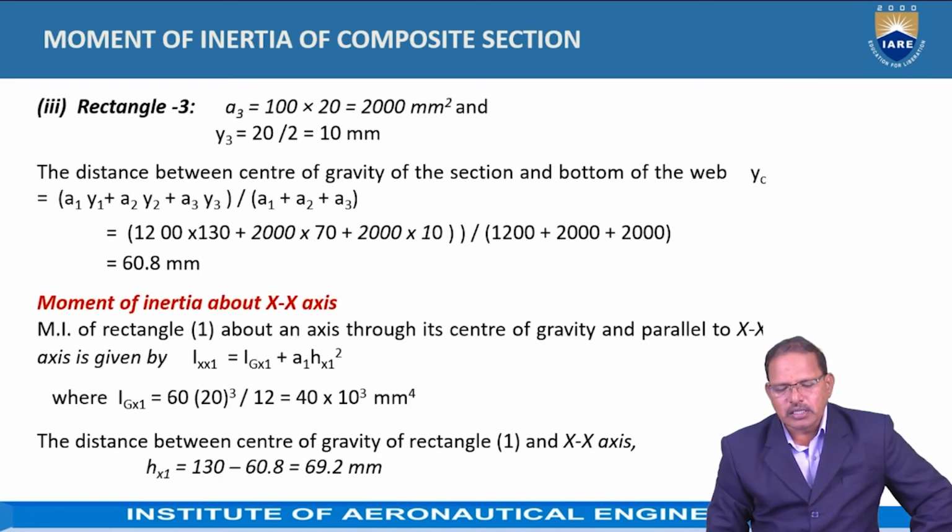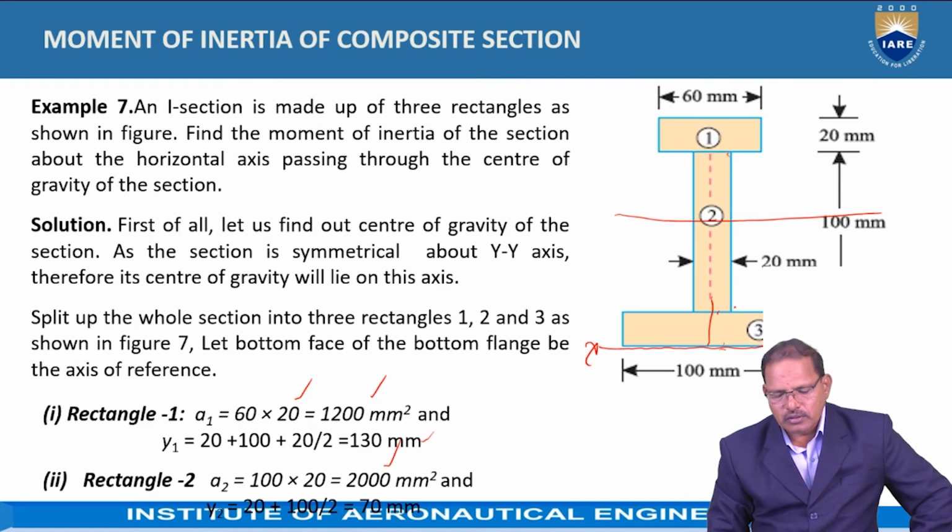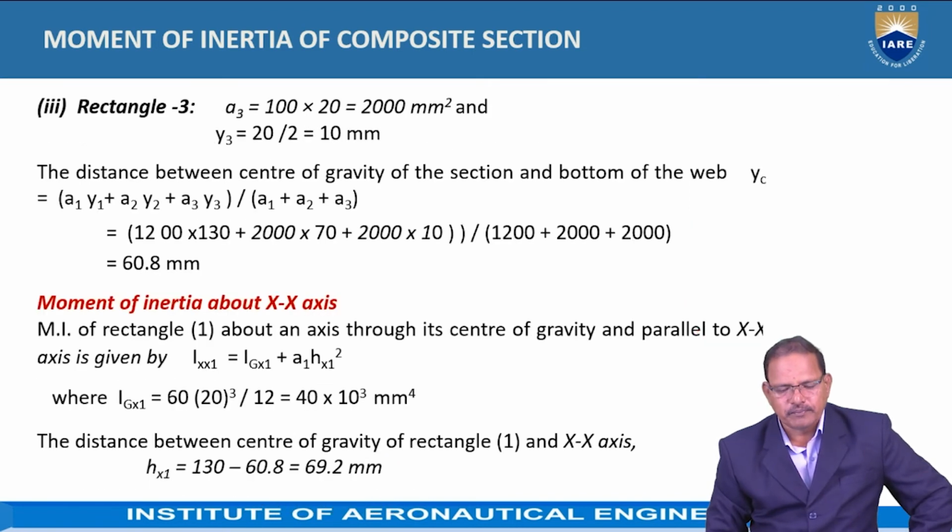Similarly, for rectangle 3, the area is equal to 100 into 20, and y3 is half of the section, 20 by 2, which is equal to 10 mm.